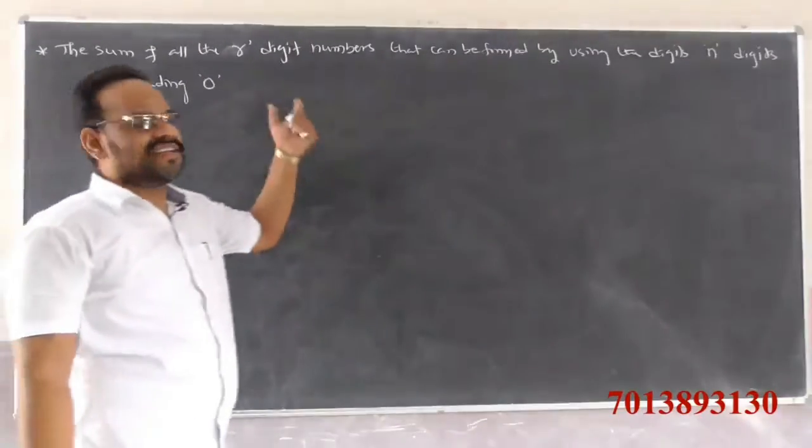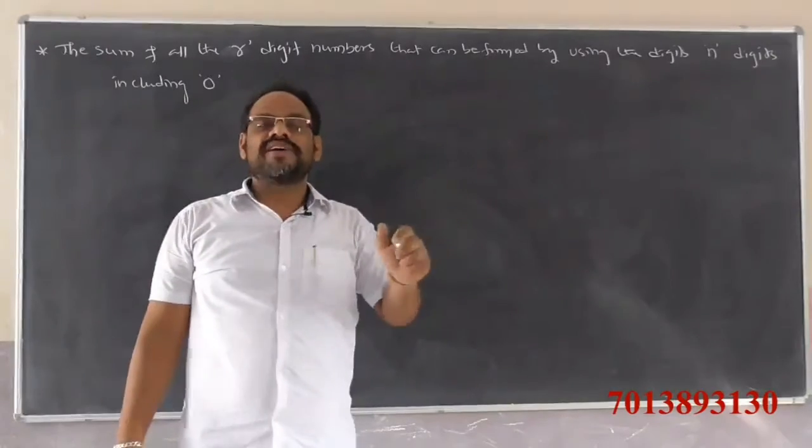If one of the digits is 0, how do we calculate their sum?